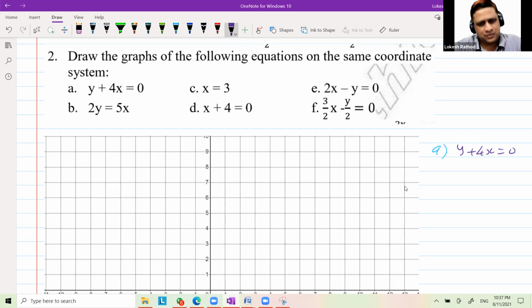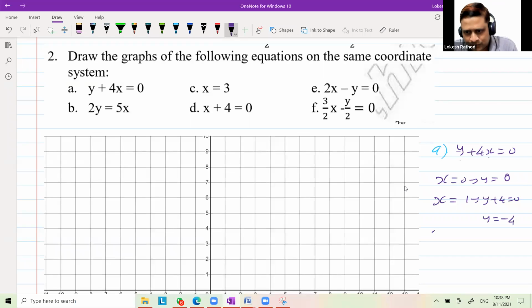So I will basically plot for 2 points only, right? Not more than 2 points. So if I put x equal to 0, what is y? Y is 0. Right? And if I put x equal to 1, what is y? X is 1, y plus 4 equal to 0, or y equal to minus 4.